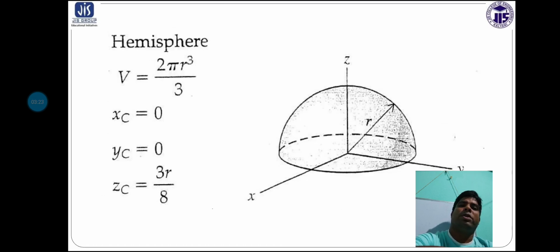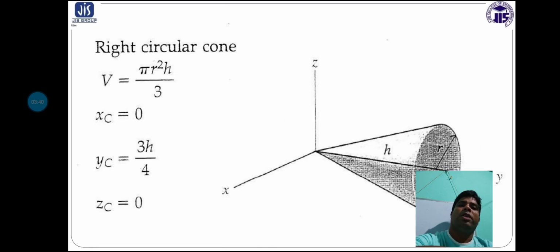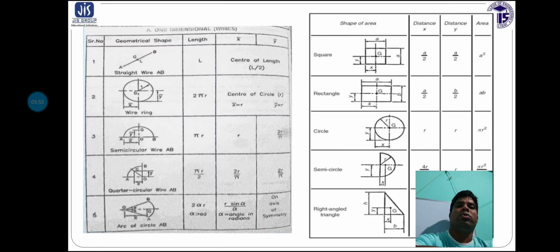Hemisphere, total volume will be 2 pi r cube by 3, x will be 0, yc is equal to 0 and z is equal to 3r by 8. Right circular cone, so V will be pi r square h by 3, xc will be 0, yc is equal to 3h by 4 and ZC is equal to 0.